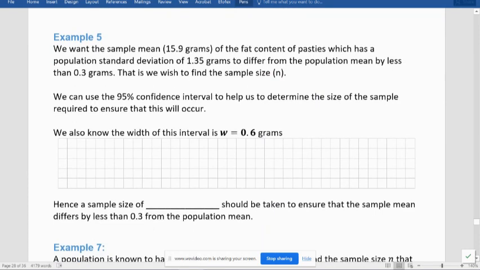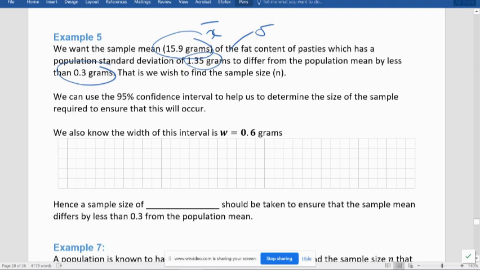We've got a couple more examples here. In these examples, we want the sample mean of the fat content of pasties, which has a population standard deviation of 1.35, to differ from the population mean by less than 0.3 grams. That is, we wish to find the sample size.